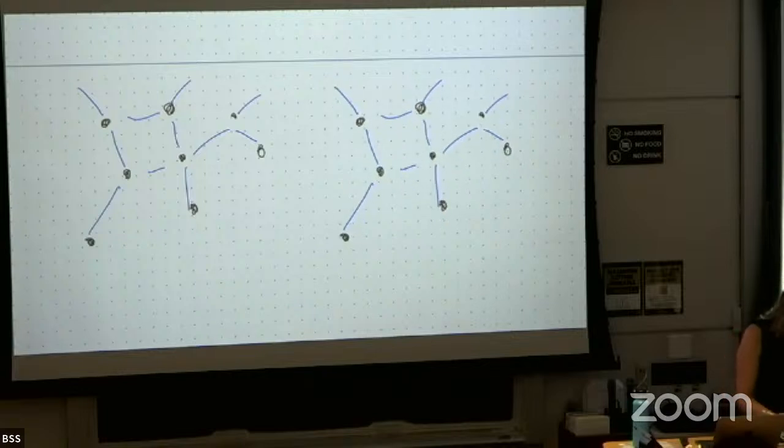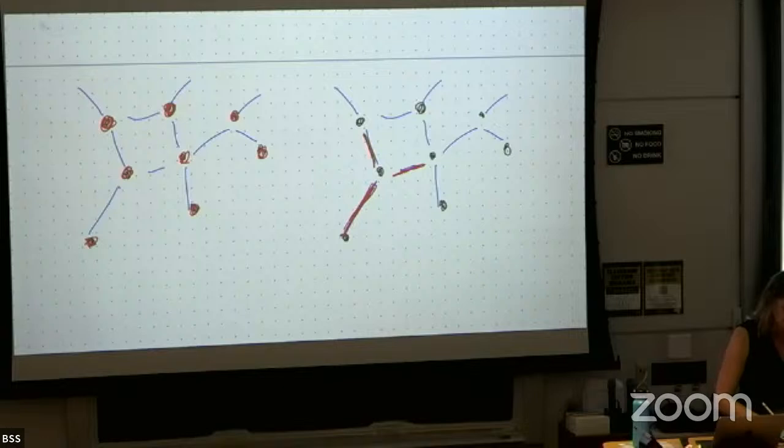On this side, I'm thinking about the degrees of freedom as these vertices. And on this side, I'm thinking about the degrees of freedom as these bonds. And I'm going to be thinking about mappings from one description to the other description. That's going to be the key point.